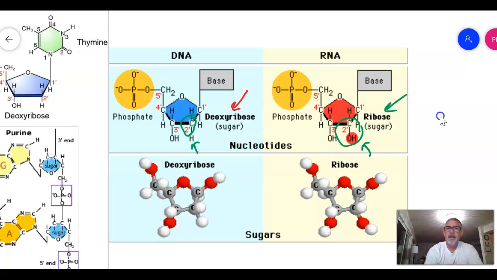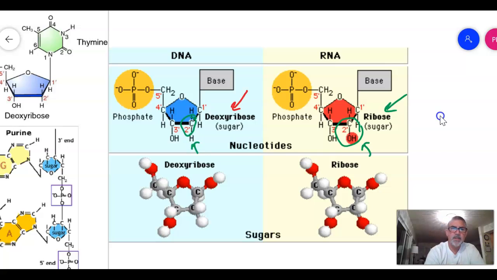The reason that's important is I can add things by dehydration synthesis to any OH. Two OHs come together, I can take water out and make them bond. So DNA is set up so it can't be modified at that 2' carbon. The 1' carbon can't be modified there either, and the 4' can't be modified either.